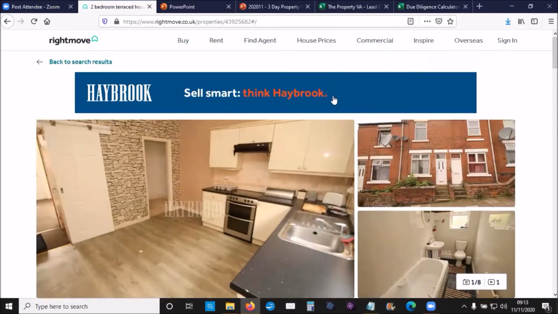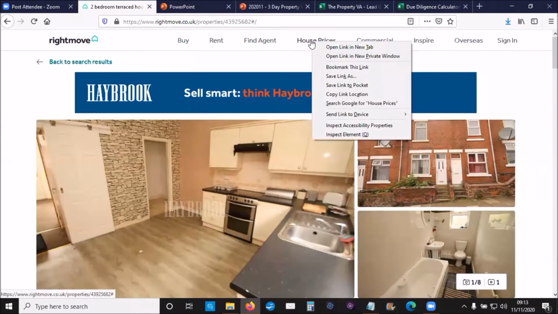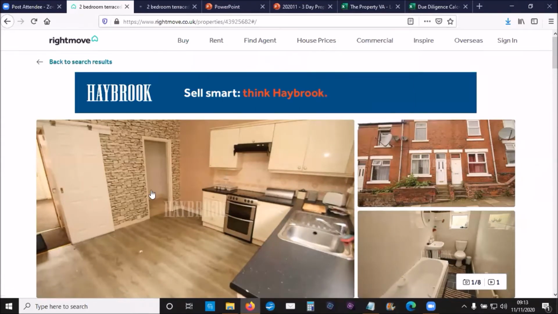Okay, so I hope you can still remember how we check for comparables for sold house prices is on Rightmove to go onto house prices. Okay, I'm going to do a right click on this one so that we don't lose this page.